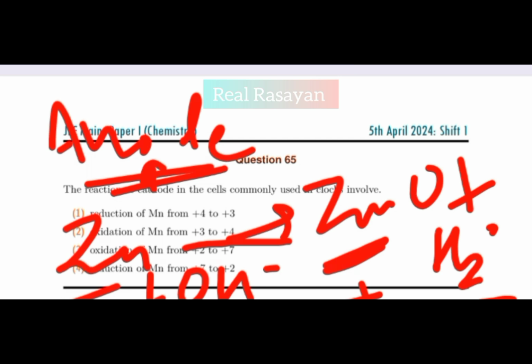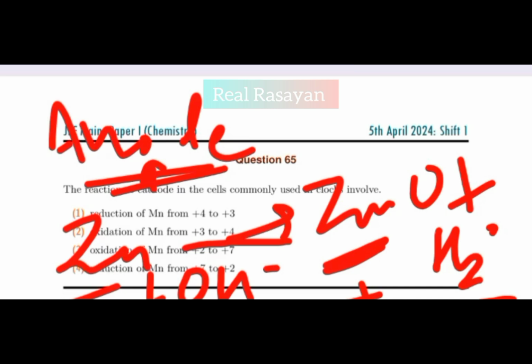So overall 6, it will get plus 3 on individual manganese, and the complete reaction will be shown by the overall reaction.